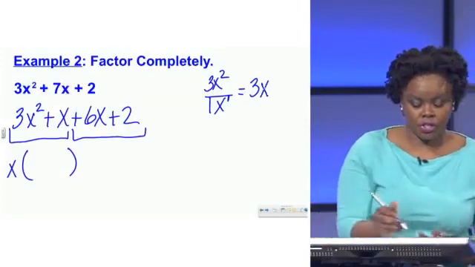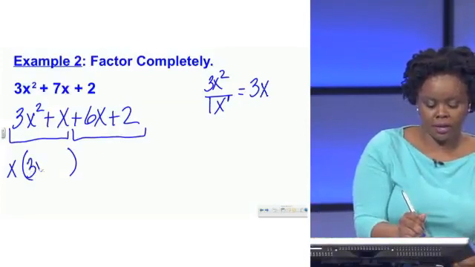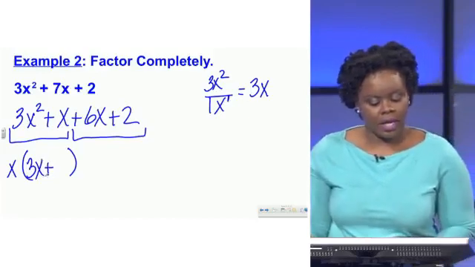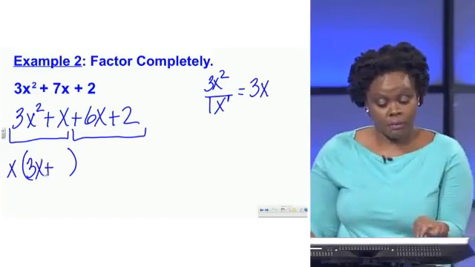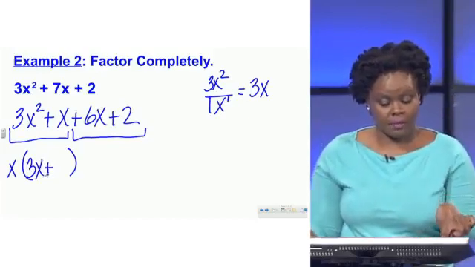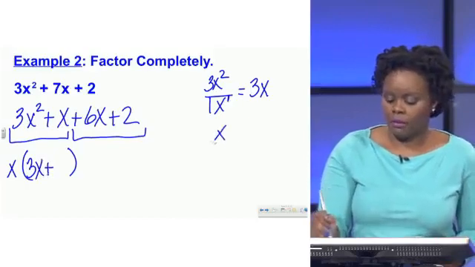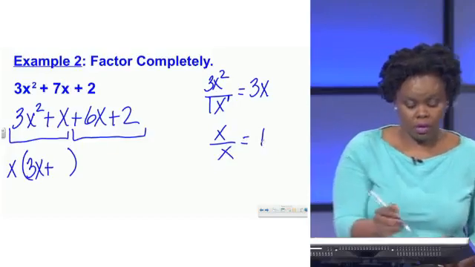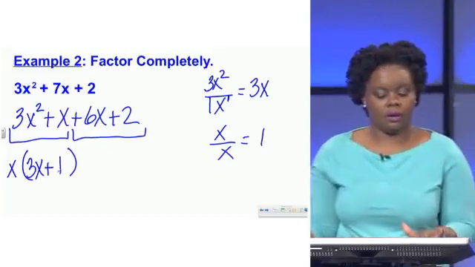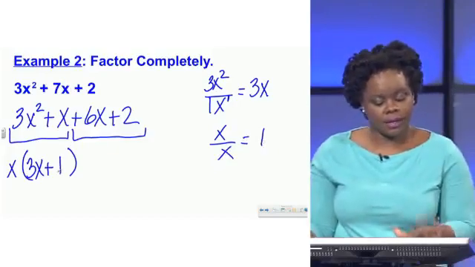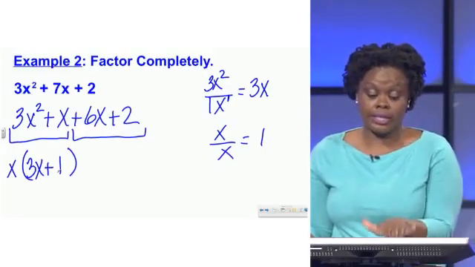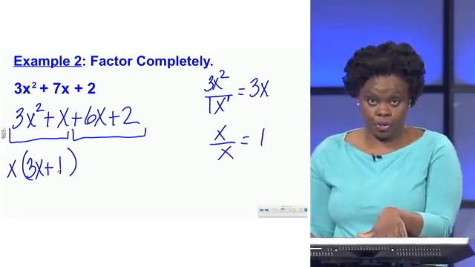So for my first term in here, I know I have a 3x. It's going to be a plus, so go ahead and get that in there. And then for the second term, I need to divide x by x. Well, x divided by x, that's just 1. So that means I have a 1 for that second term in the parentheses. Okay? So now it's time to do the same thing with 6x plus 2.